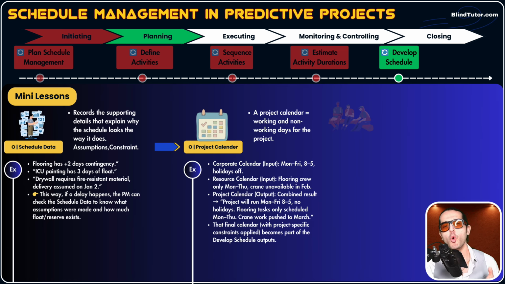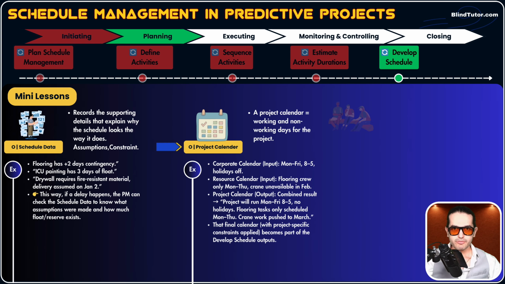So this is corporate calendar. The next calendar is called resource calendar. What's resource calendar, guys? It's a calendar that shows what resources are available when. By resources, I mean people, material, equipment, okay? This is called resource calendar.